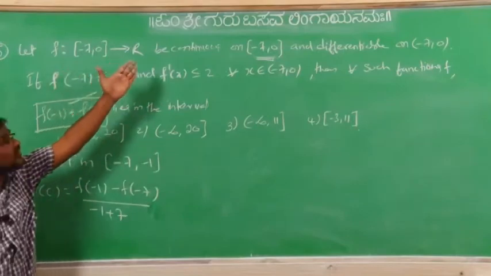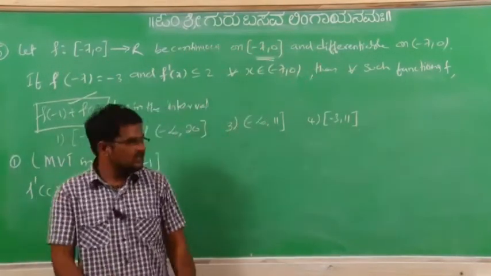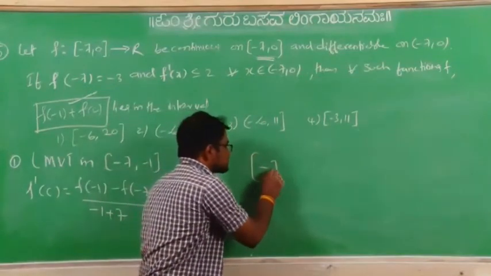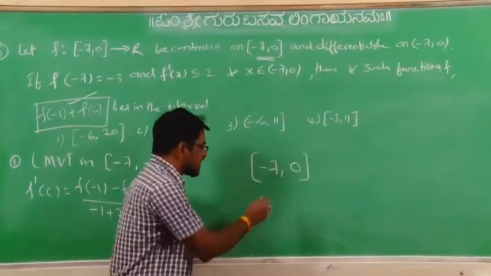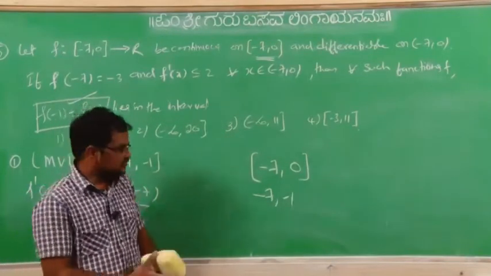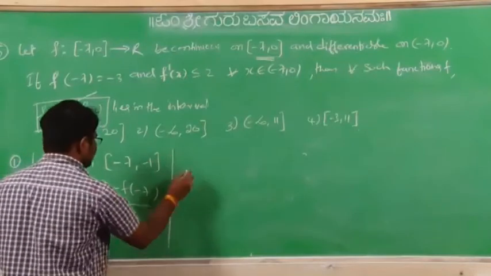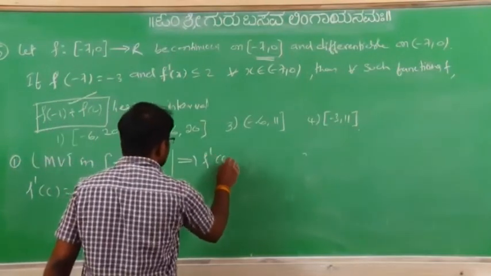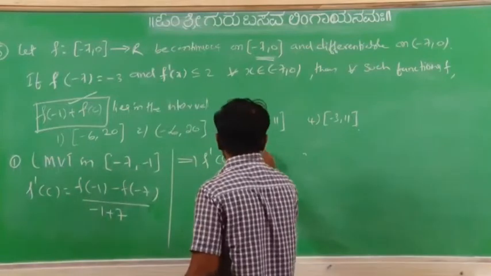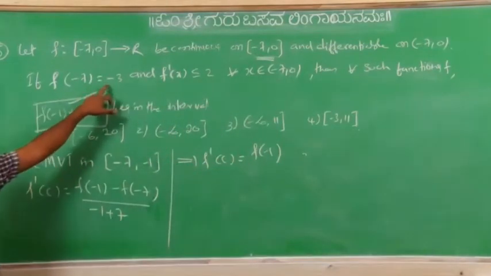It is continuous on -7 to 0, which means it is also continuous on -7 to -1. So that's why, now that implies f'(c) equal to f(-1) minus f(-7), where f(-7) value they given, that is -3.